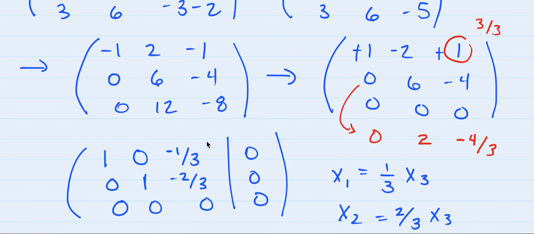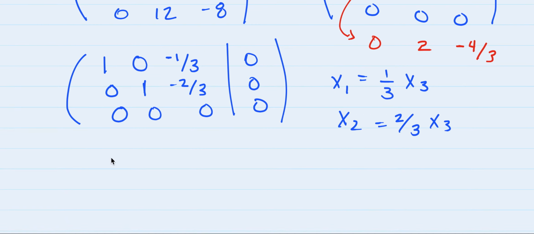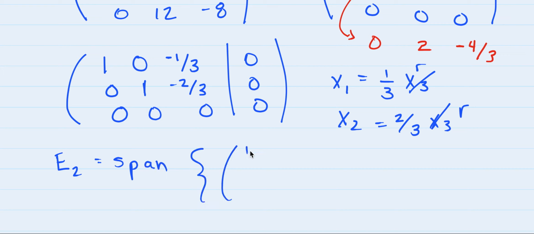Divide by, yeah, I think I'm okay. So I switched the signs here. Okay, and from there I get that if x3 is, we can give this letter R or something like that, that the E2 eigenspace is equal to the span of 1/3, 2/3, 1.